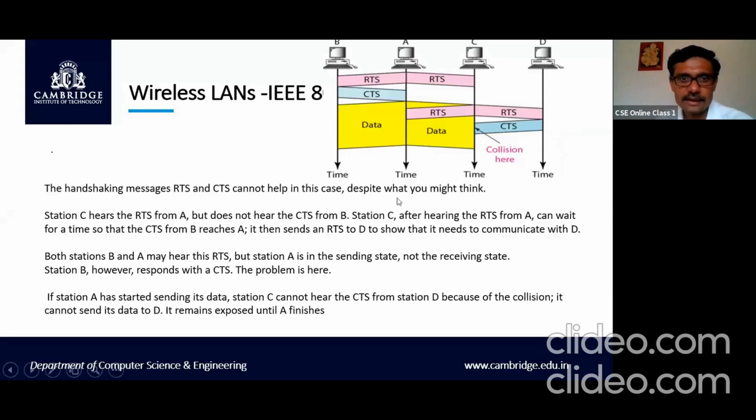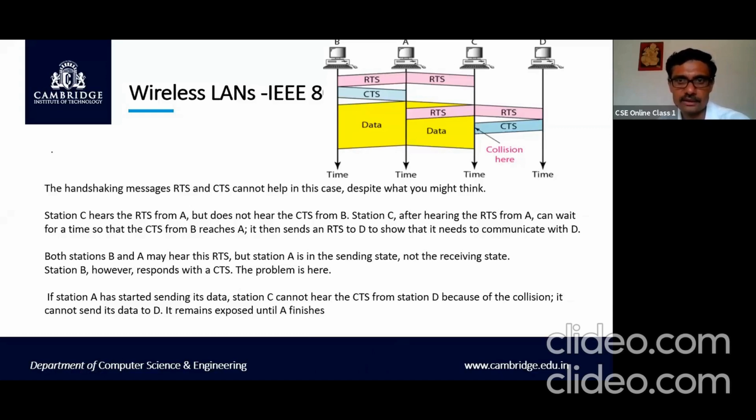You can see here, the handshaking messages RTS, CTS cannot help in this scenario. Station C hears the RTS from A. This is B, A, C, D. A is sending an RTS message to B, and the same thing goes to C also.